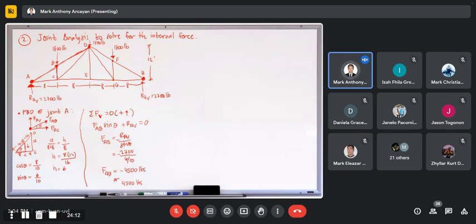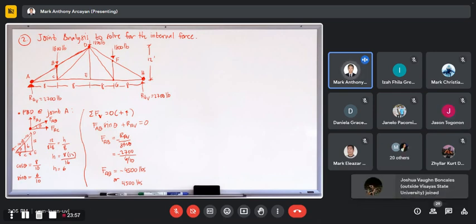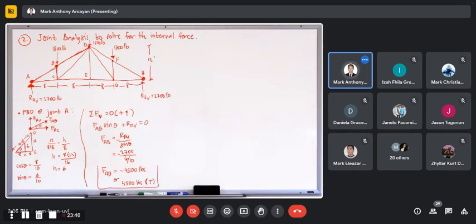Since it is negative, it is tension. It means it is away from the member, it tends to pull the member, but relative to the joint, its direction is towards the joint. So you indicate that instead of compressive, it is tensile in your member. Indicate it with T. That can be your answer.